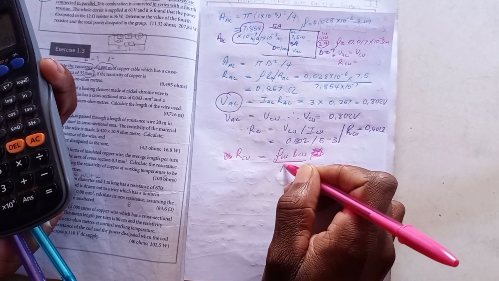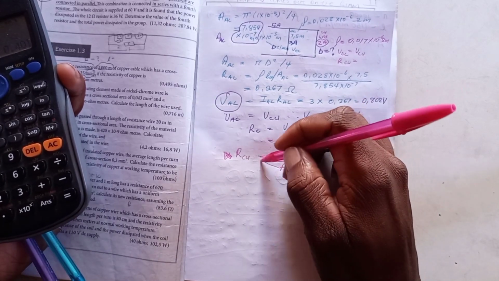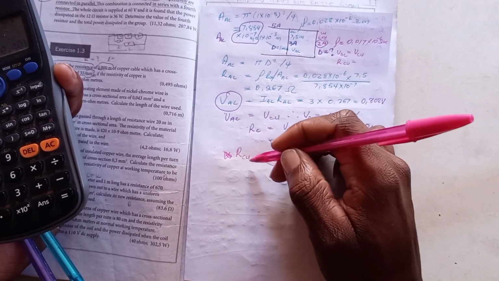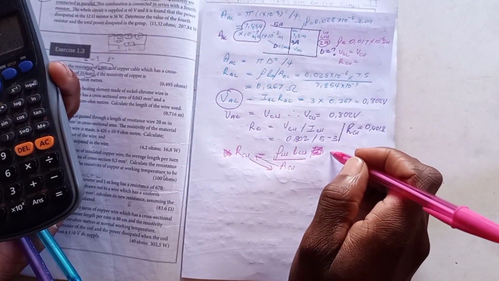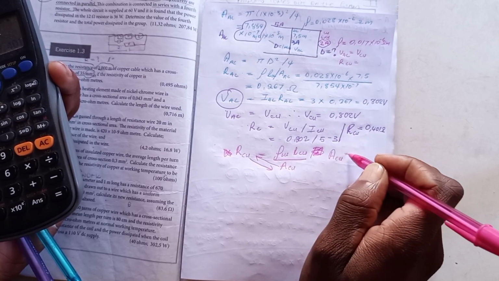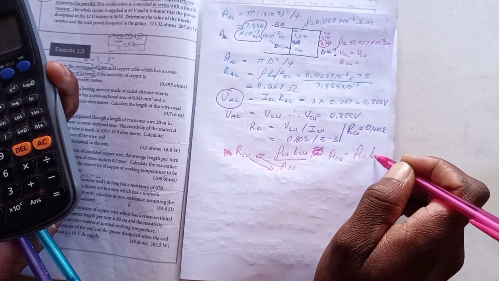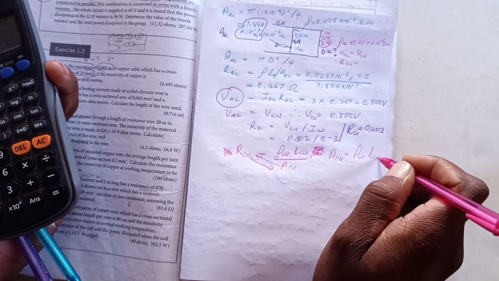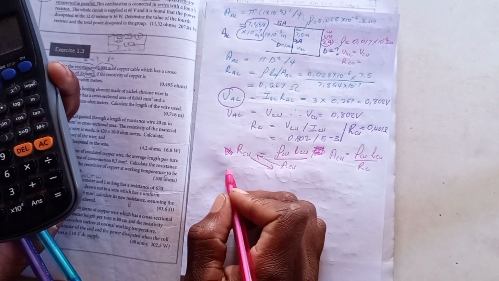Let's divide like this so that it can be seen. So this one comes here and this one comes down. So area of copper will be calculated by resistivity of copper times the length of copper, all divided by the resistance of copper.